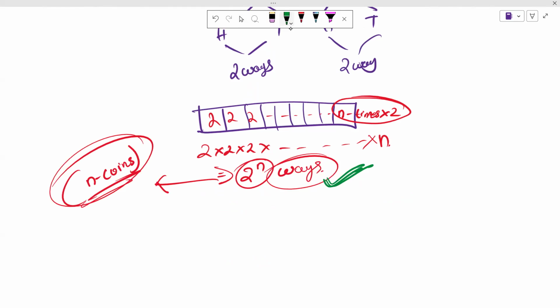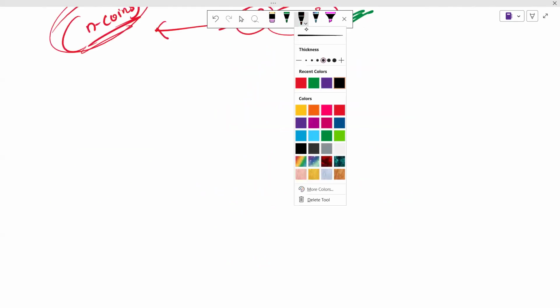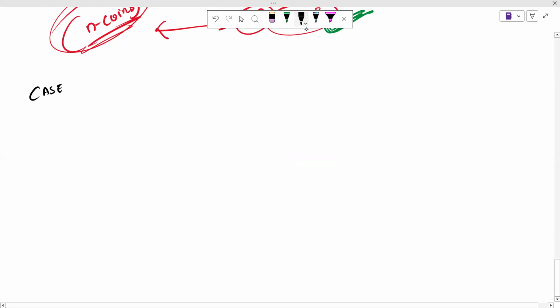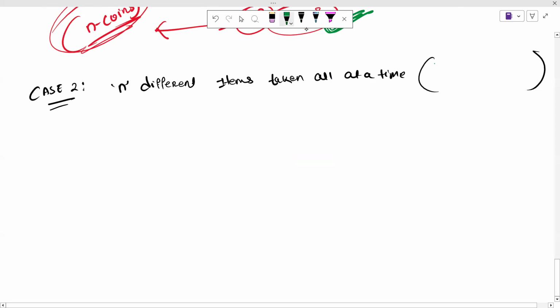Now next, let's go for case number 2. Here n different items are taken all at a time. Same condition, but here repetition is not allowed.